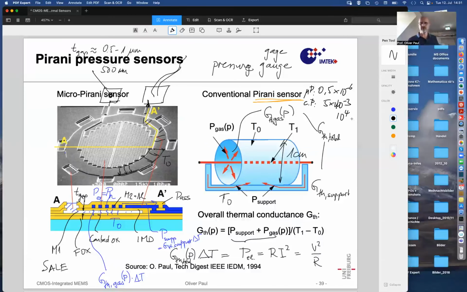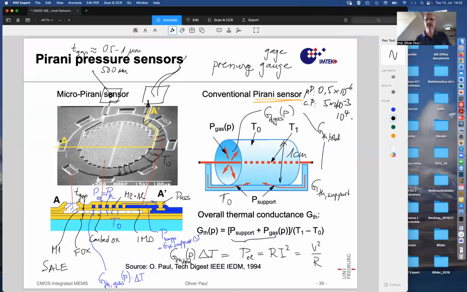And therefore, the pressure at which the transition occurs from continuum conduction to molecular conduction must be at a much lower pressure. The pressure must be a factor of 10 to the 4 smaller until the mean free path of the molecules becomes 5 millimeters.